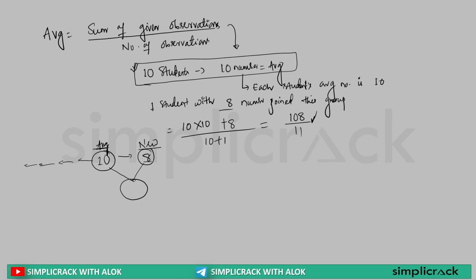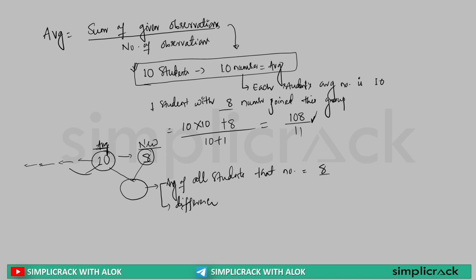If a smaller number is being added to the class, then first you consider the average of all students to be that number. So first the average is 8. Now in the second step, you will take out the difference. Previously 10 students were there and their average score was 10, so total score 100.